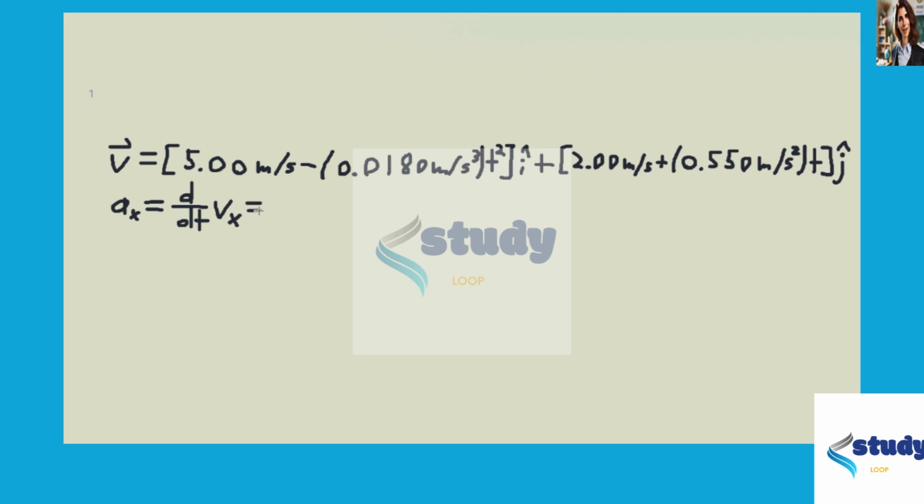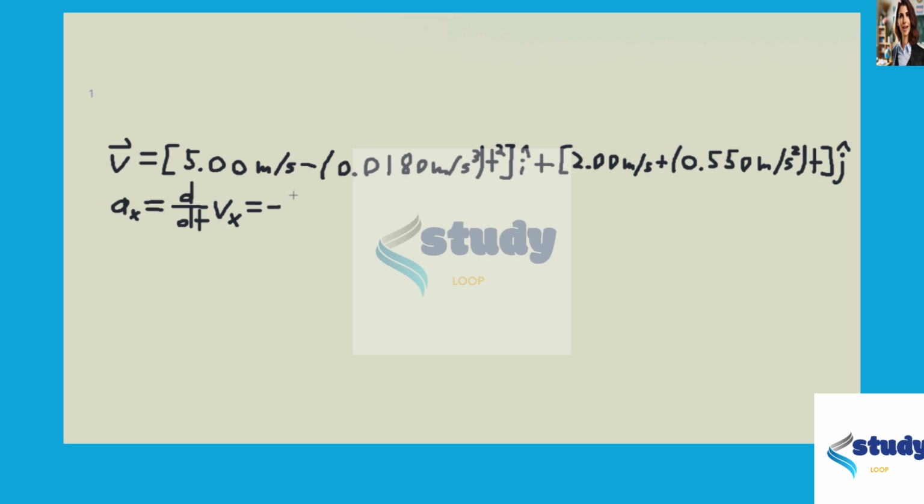The derivative of the first term of vx is going to be 0 because it's a constant. Let's look at the second term here. The derivative of the second term is just going to be the coefficient, which is 0.018, times the derivative of t squared. The derivative of t squared is just going to be 2t. So it's going to be 0.018 times 2t, and there's also going to be the minus out in front here.